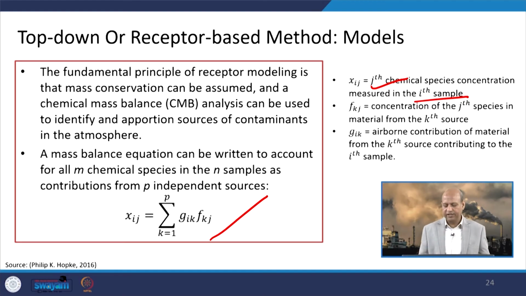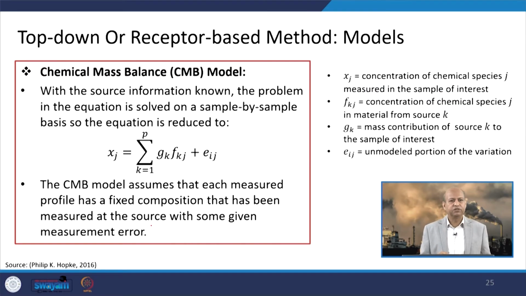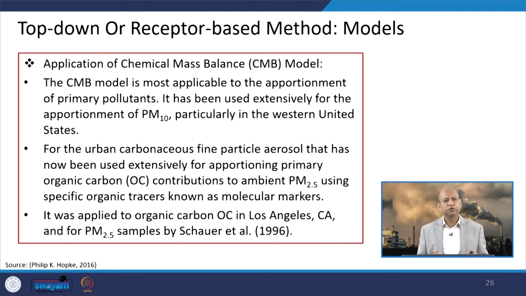So, we represent it like that, then the concentration of that particular species in the material from the k-th source, and then the airborne contribution of that material from the k-th source contributing to the sample. Their relationship is expressed with this equation, which is further simplified as a CMB model in this form, so that you can easily calculate which species come from which specific source.